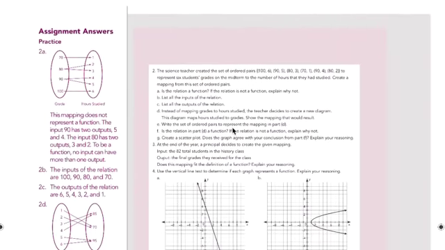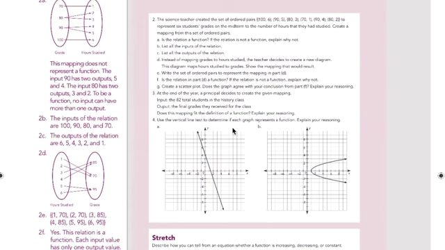Okay, and then the next page, number 2, the science teacher. The science teacher creates the set of ordered pairs to represent 6 students' grades on the midterm to the number of hours they have studied.